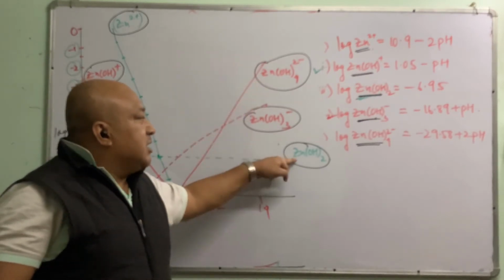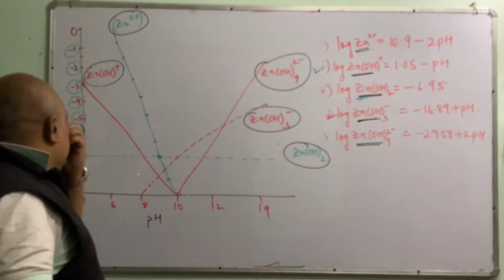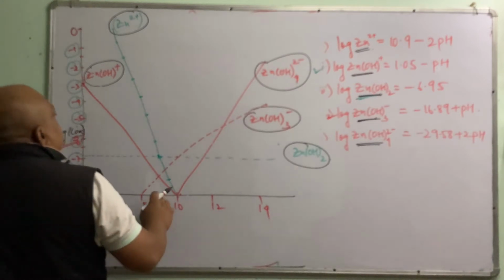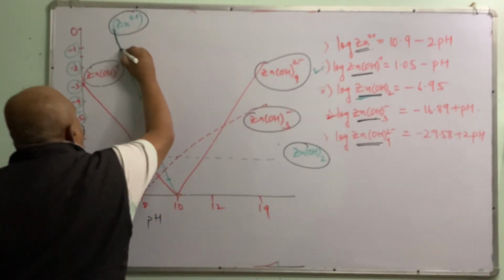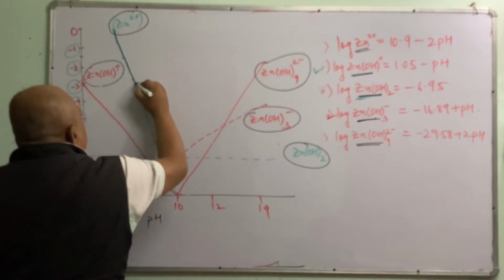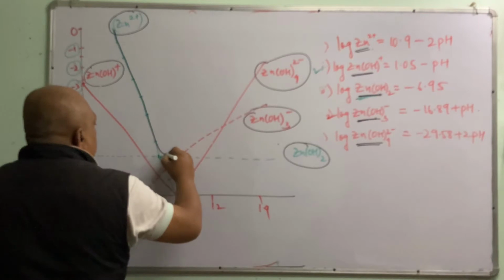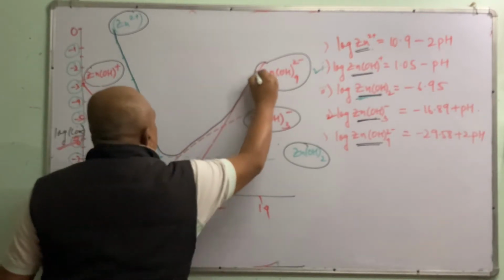This is a constant Zn(OH)2 because it is independent of the pH. Okay, so after this, draw a graph like this.